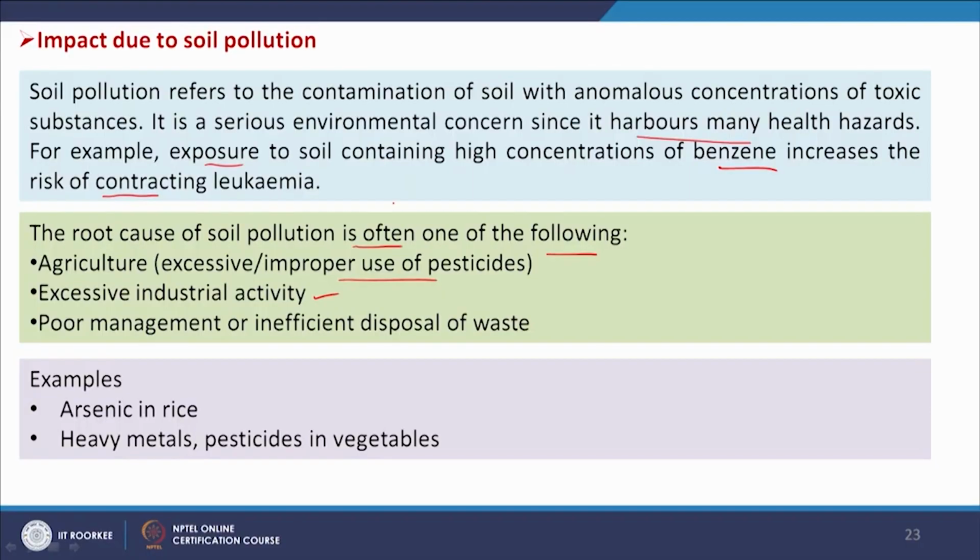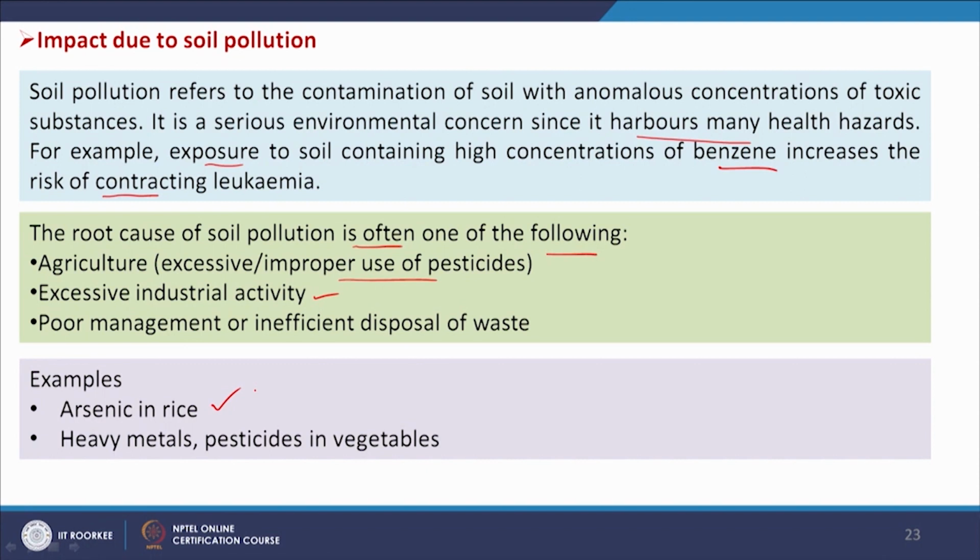Because of this soil pollution, our food is polluted, and groundwater is polluted. As a result, our health will be affected. For examples of soil contamination, a direct impact is arsenic in rice.